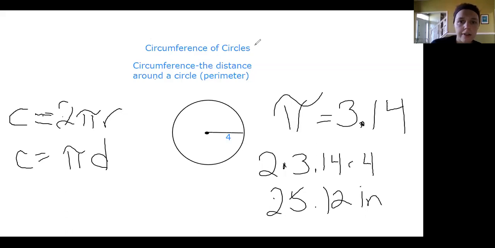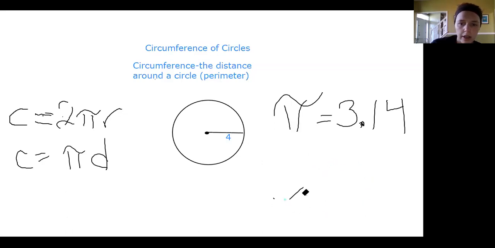Now let's say they give you the diameter. They'll draw it so you can see whether you have a radius or a diameter. Let's just say the diameter is 10.